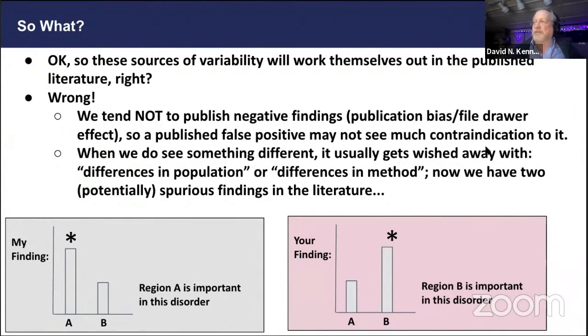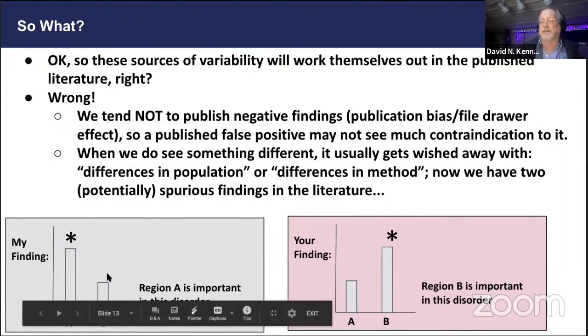And so now the literature gets a second answer and a third answer and a fourth answer that are all a little bit different and all implicating different regions, and never coming back and asking itself why we are not seeing some of the common regions across this different set of publications.